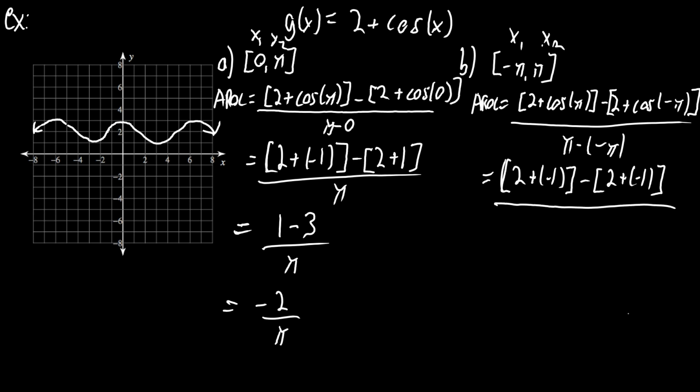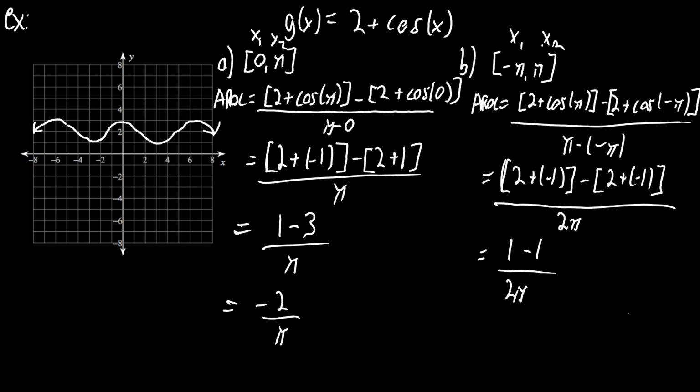And pi minus negative pi is 2 pi. Okay, so we're going to have 2 plus negative 1 is 1. I don't know why I always write negative 1 there. 1, and then 2 plus negative 1 is 1. So we're going to have 1 minus 1 over 2 pi.